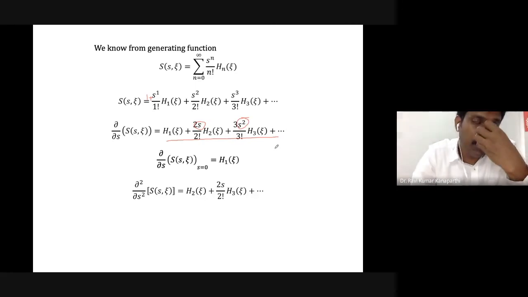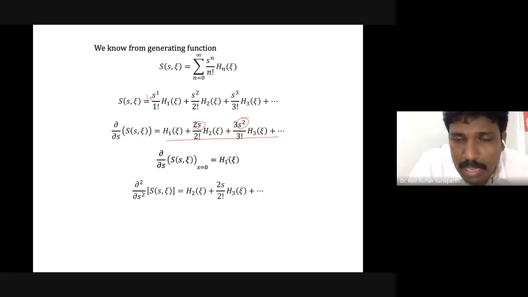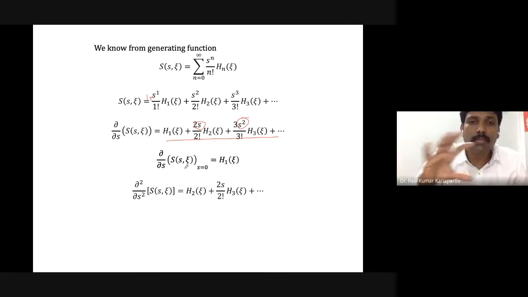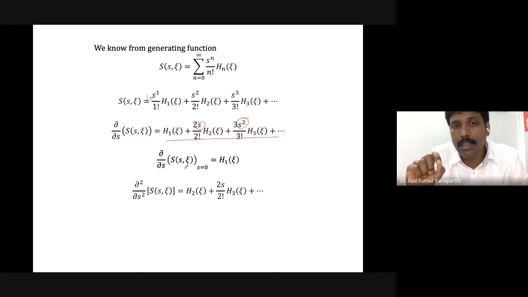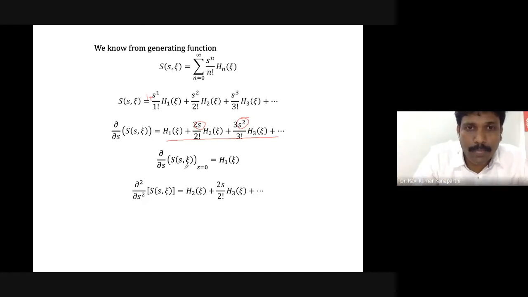So since you are substituting s is equal to 0, only one term will be left over, that is H1 of z. So you can evaluate the first derivative of the generating function and then substitute s is equal to 0, and then what you will get is H1 of z. That is something that you should keep in mind.